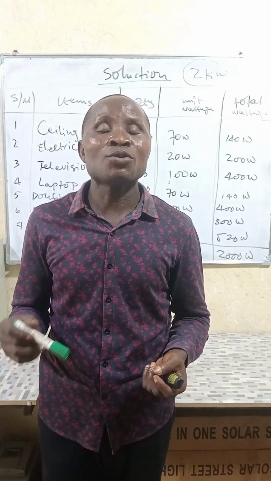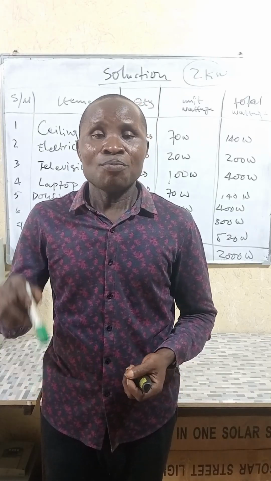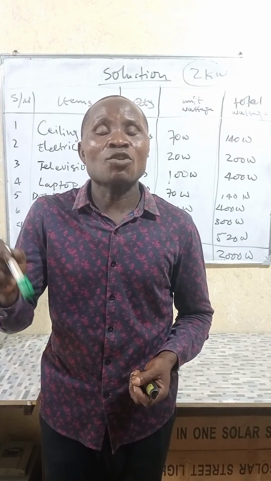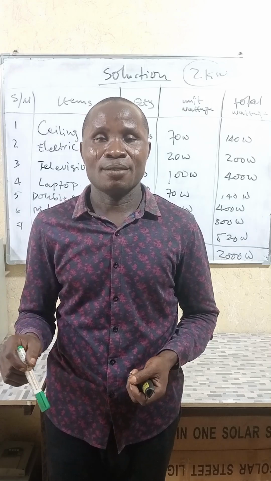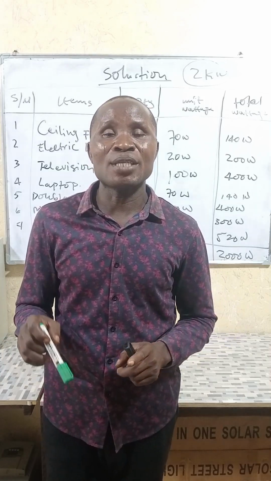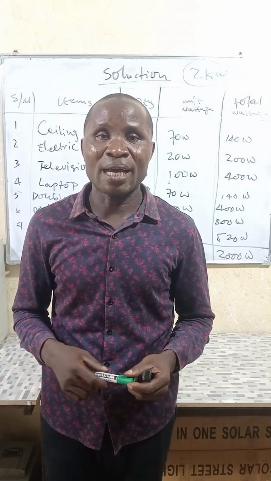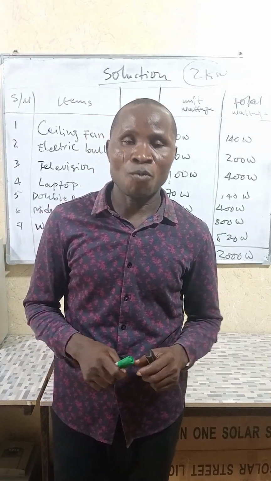And that is why we are using 0.8, because no machine is 100% efficient. And for us to have a good efficiency, we need to use 0.8 or 0.9 to get what we want.